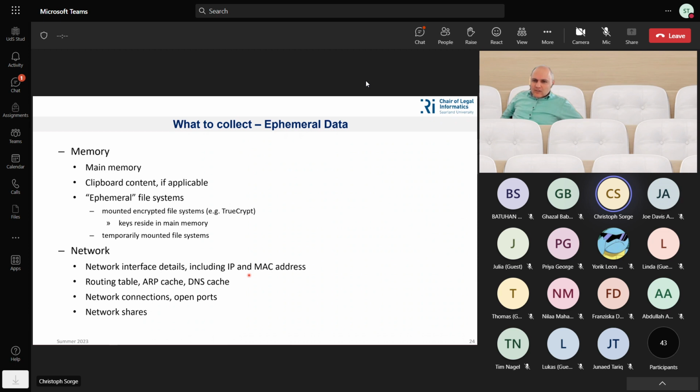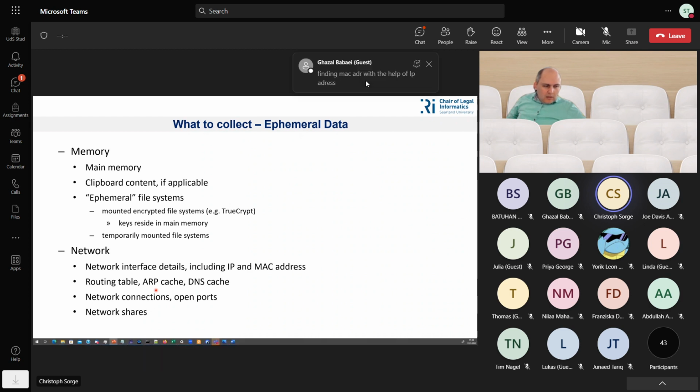The ARP cache. What's an ARP cache? Or what's ARP? ARP is the address resolution protocol.